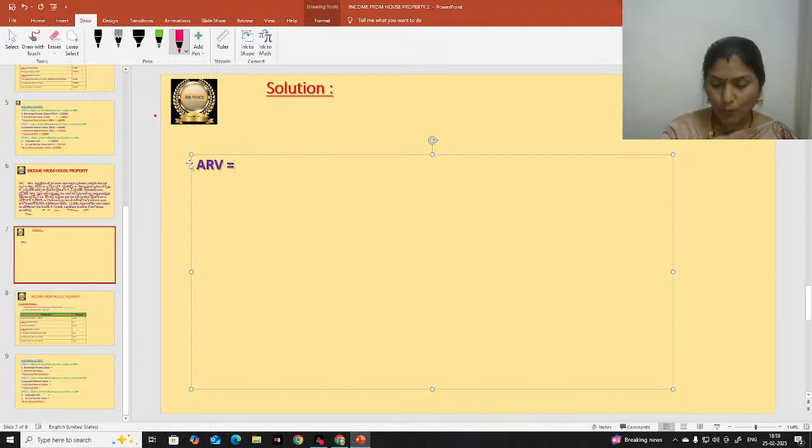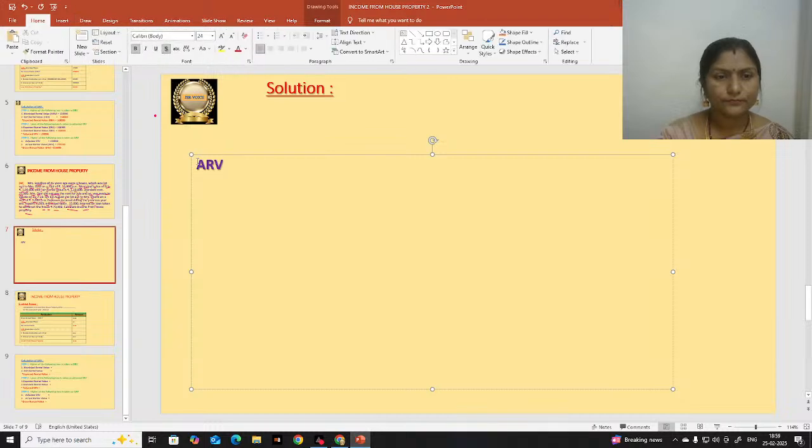So how much is she collecting? Let us see that. Actual rental value, how much here? She is collecting from 2 persons. First she has given on rental basis to Devi. So Devi, how much is she paying here?